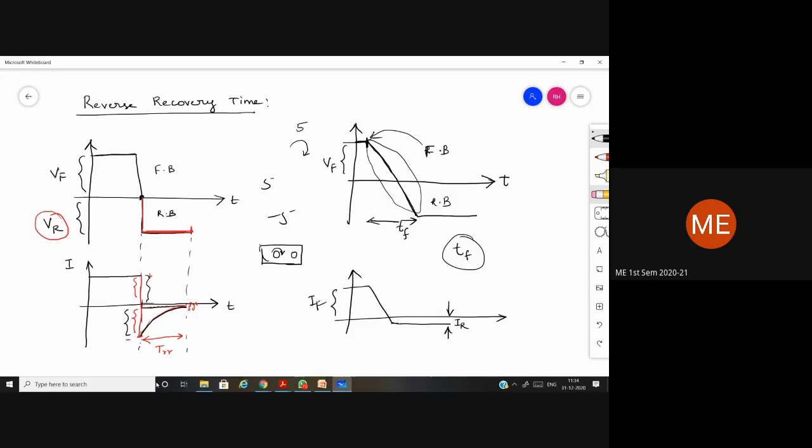Why should it be less? If the fall time is less, then your diode can adapt to the new changes very fast.